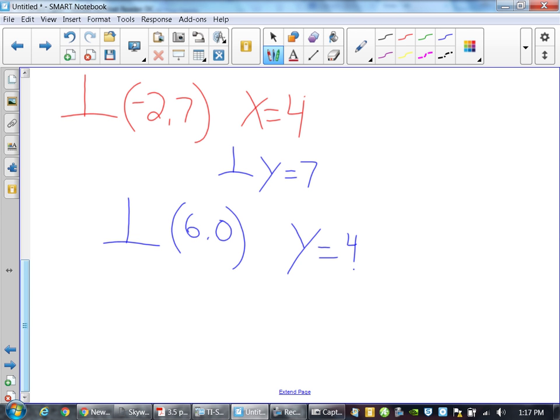What's perpendicular to horizontal? What's the equation of vertical? X equals the number. What's x equals? 6. These are facts. Perpendicular to that is x equals 6.